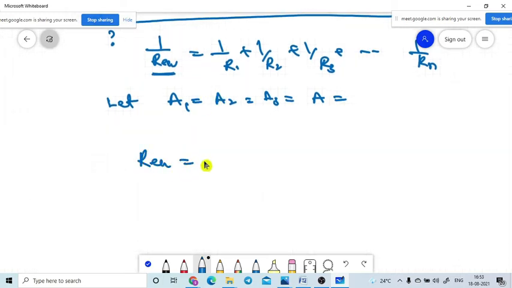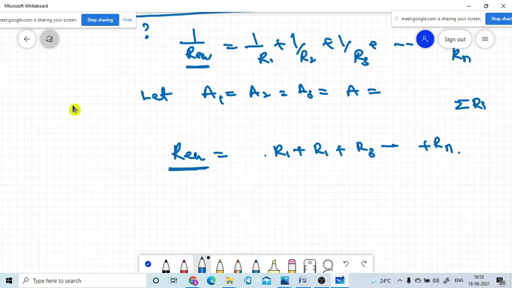R equivalent is equal to R1 plus R2 plus R3 plus and so on Rn. So how can we get R equivalent? The summation of Ri, but here total length divided by something. So how can we write the R formula?